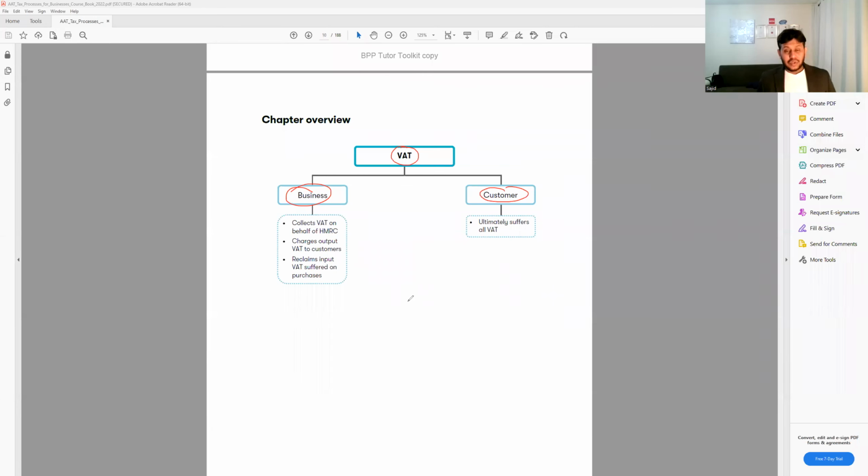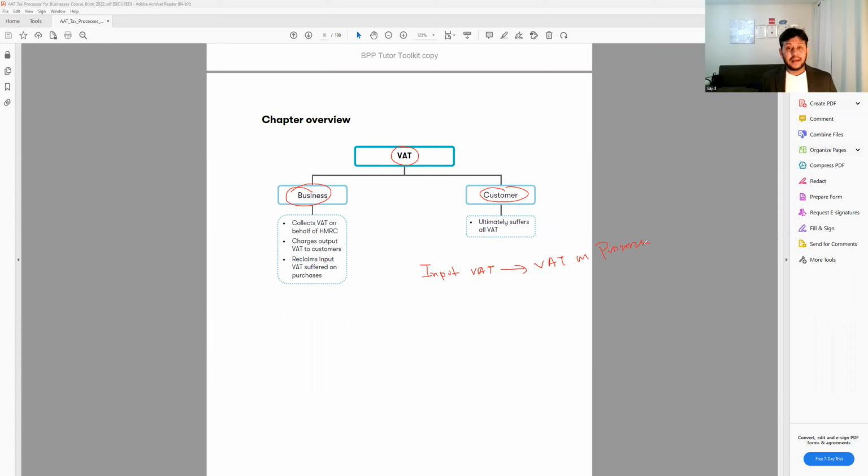All right, so the main point we're learning from here, there are two things. One is called input VAT. Input VAT means VAT on purchase.